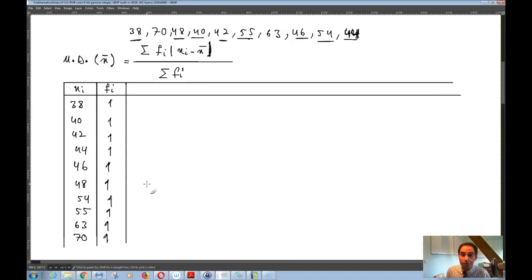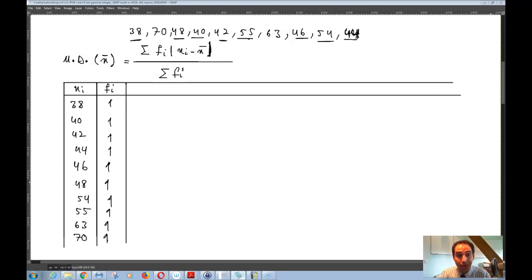Okay, so now in order to calculate my x bar here, what I need to do is just add these numbers together. You can do it using a calculator, so I will use a calculator.